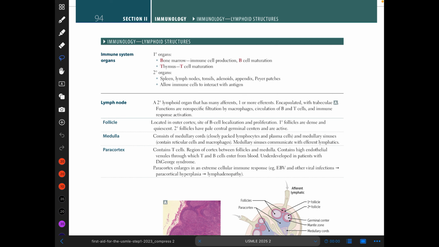We are going to start lymphoid structures in immunology. First, we are going to cover the immune system organs. There are two types, primary and secondary.